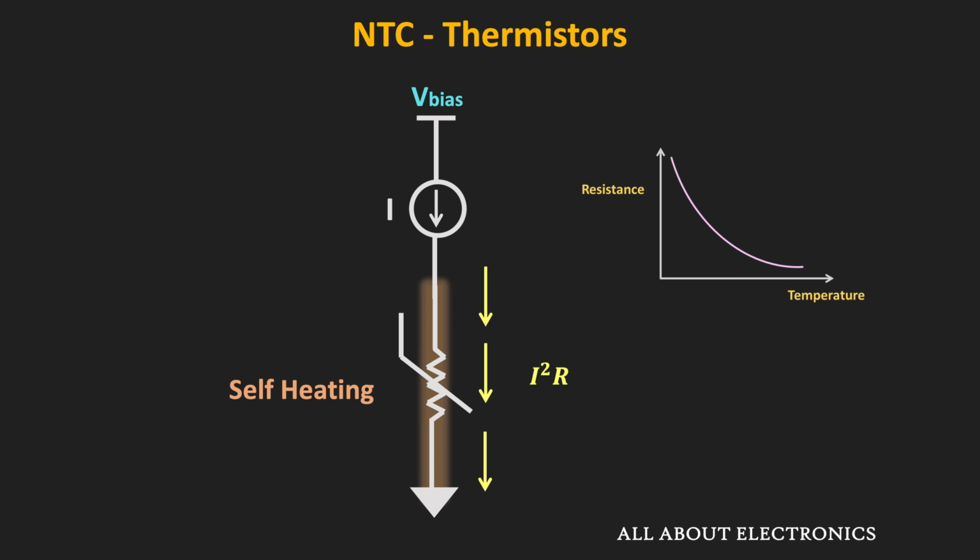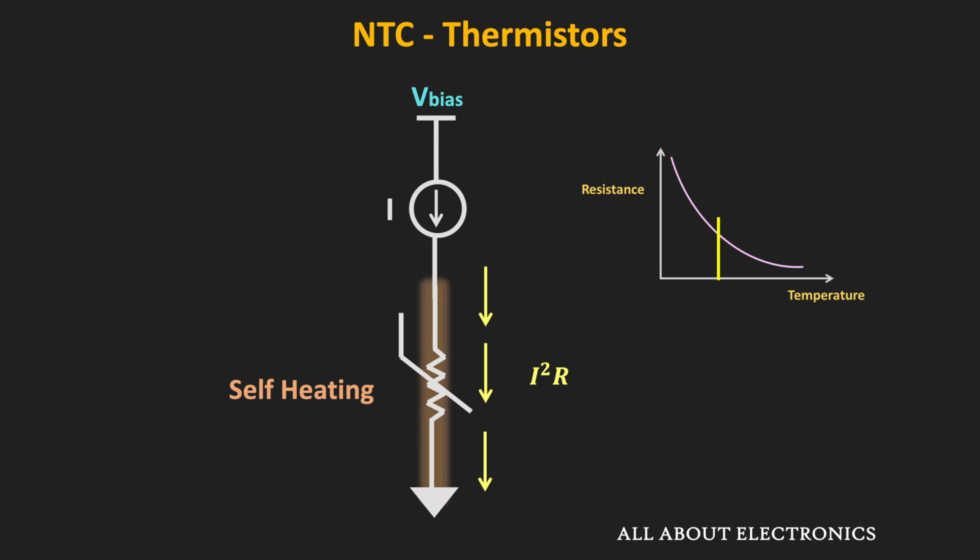For example, without self-heating, at the given ambient temperature, this should be the resistance of the thermistor. But because of the self-heating, its resistance will further reduce. That means if the thermistor is operated in the self-heating mode, or in other words, if the current through the thermistor is large, then we will not be able to measure the temperature accurately.